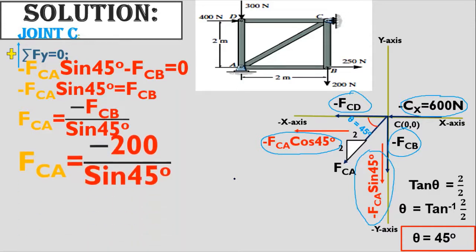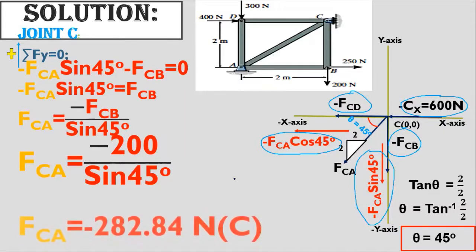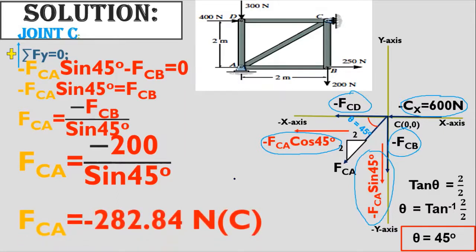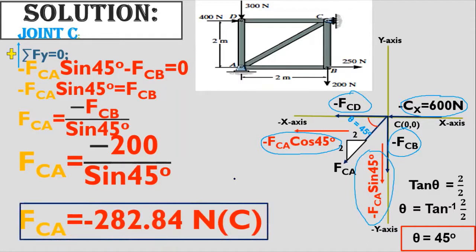We put in the value of FCB because we have already calculated it in the earlier slides. So minus 200 divided by sine 45 degree gives FCA equal to minus 282.84 Newton. The member force is in compression. So this is the way you can calculate the member forces.